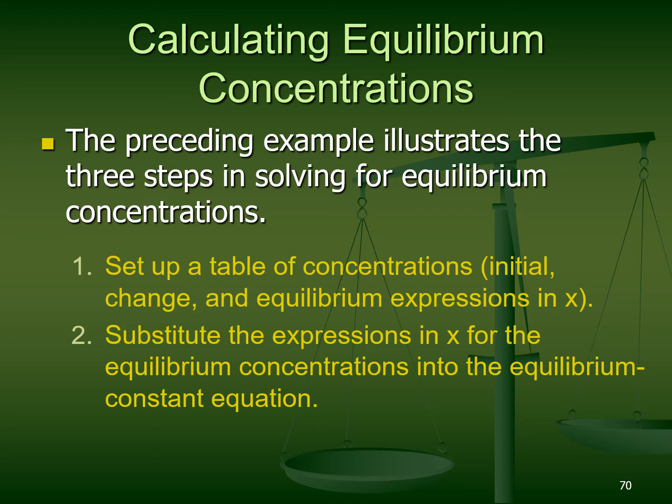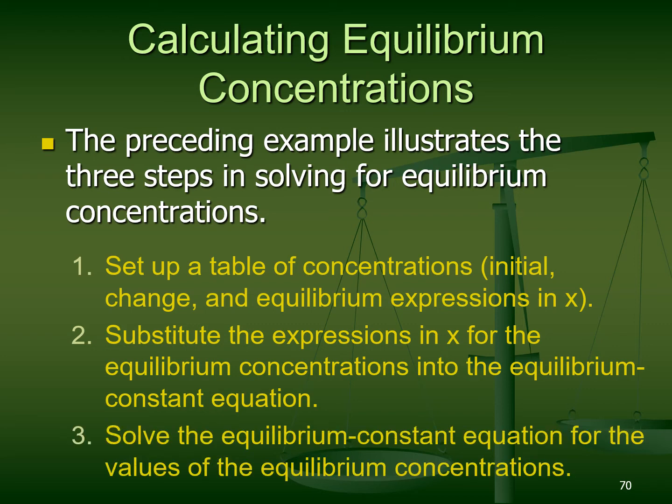Unfortunately, then you have to rearrange the equation to solve for X. So you're going to solve that equilibrium constant equation, find the value of X, and then take X and plug it back into your concentrations from the table, and then you'll get your final equilibrium concentrations.